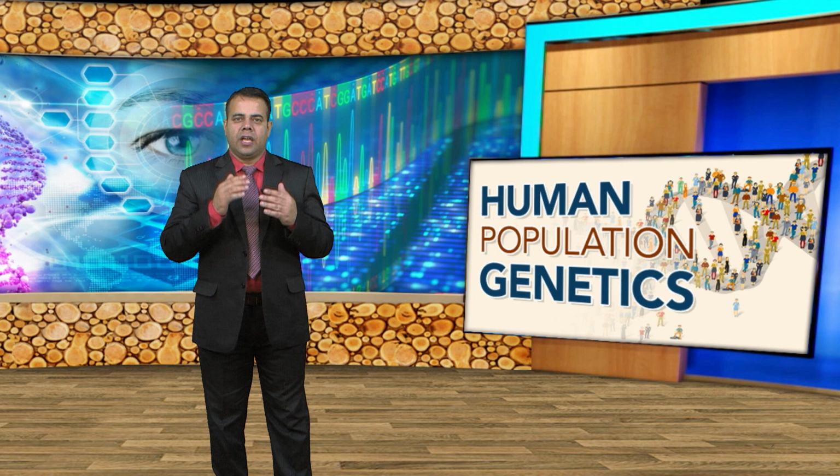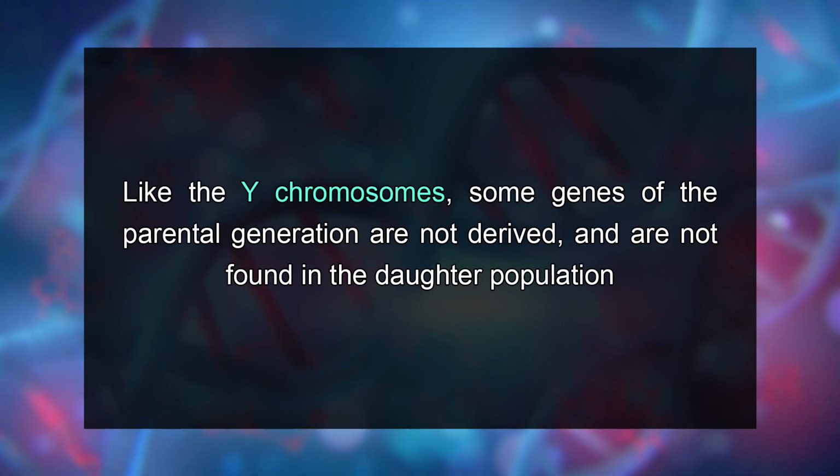This property reflects the fact that the constitution of a daughter generation from a parental population follows the principle of a draw with replacement. Like the Y chromosome, some genes of the parental generation are not derived and are not found in a daughter population.